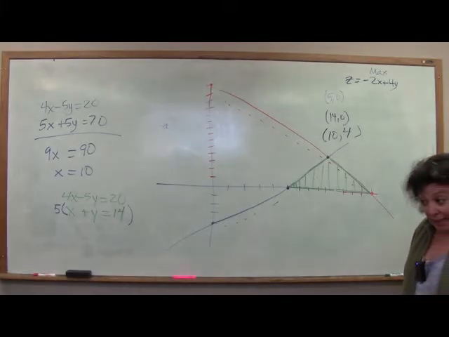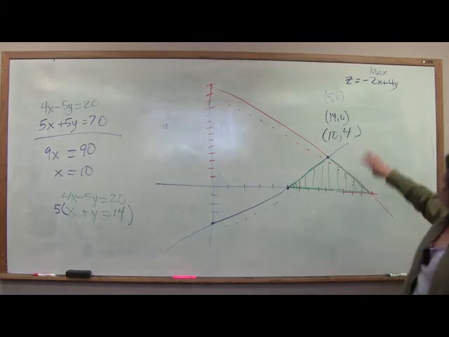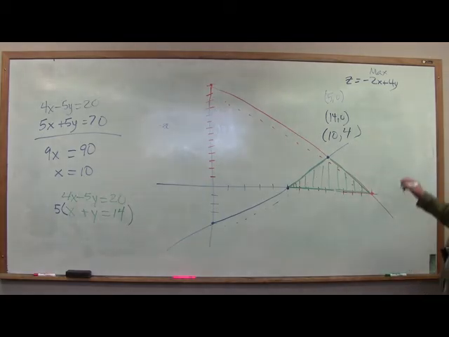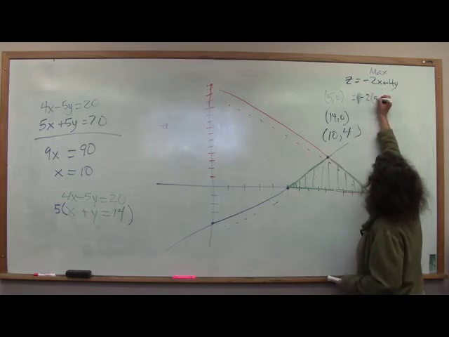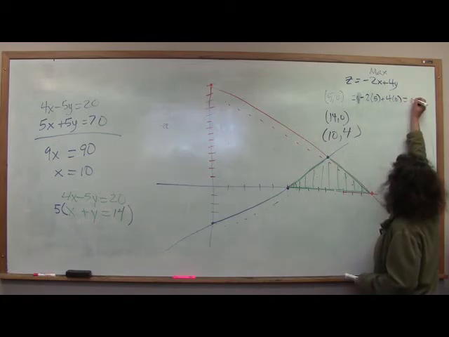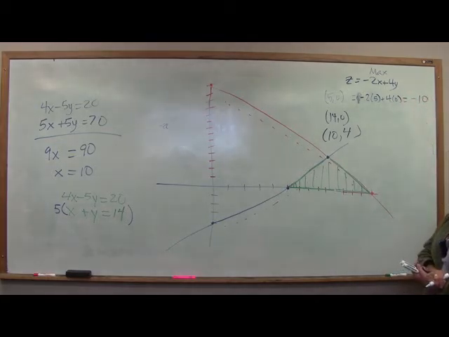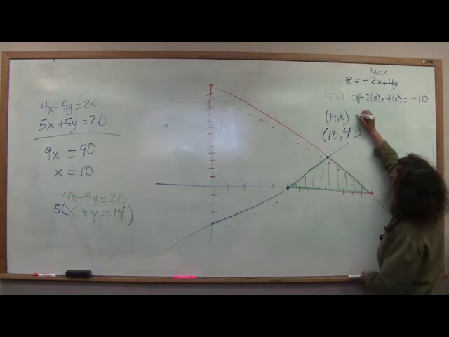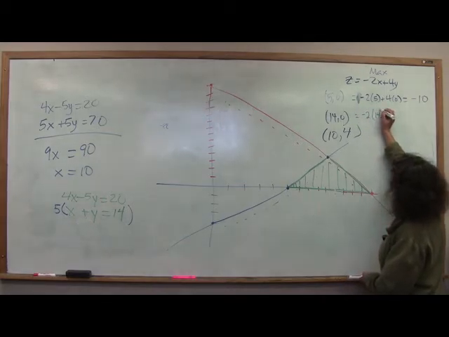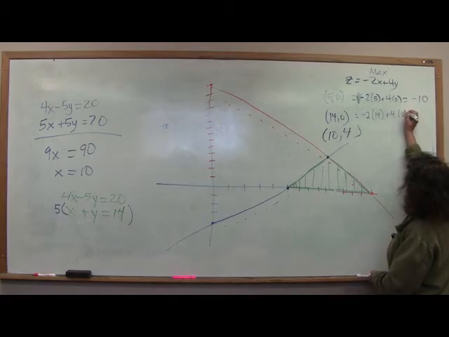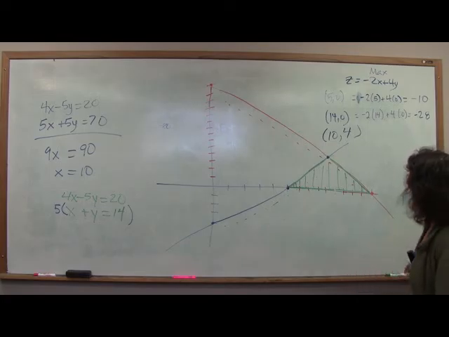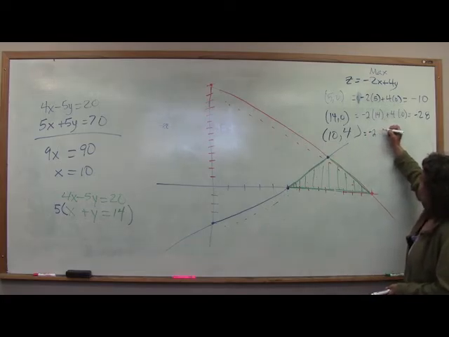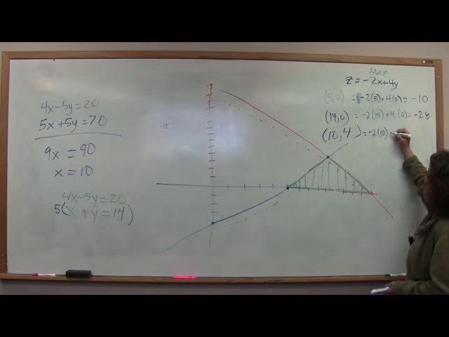All right. Next, we just go and we plug them into our objective function. So if I plug 5, 0 in, don't I have negative 2 times 5 plus 4 times 0, which is negative 10? For this next guy, I have negative 2 times 14 plus 4 times 0. So I'm going to get negative 28. And last but not least, I'll plug in 10, 4, and I get negative 2 times 10 plus 4 times 4.